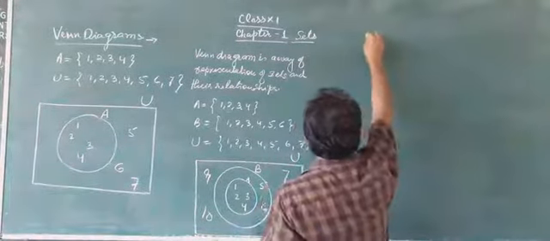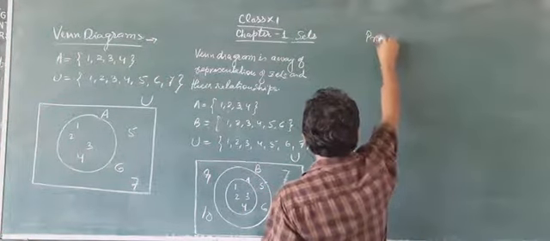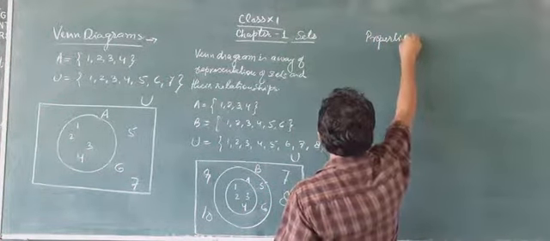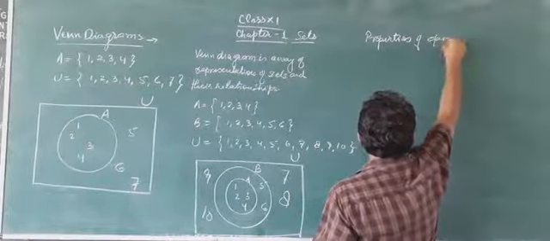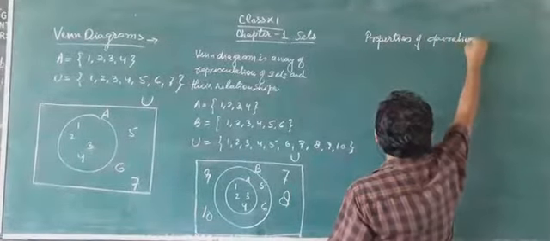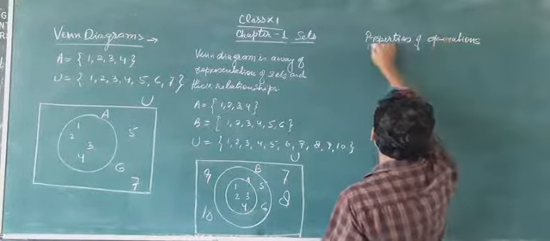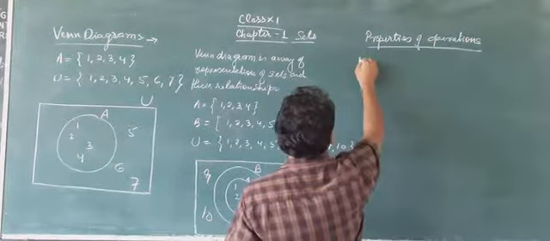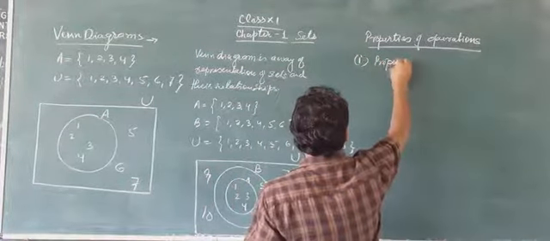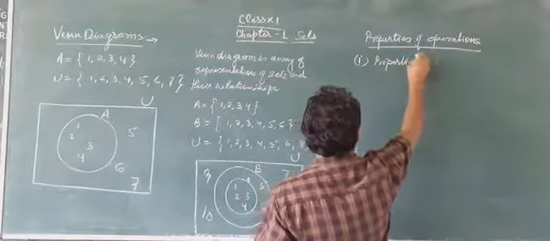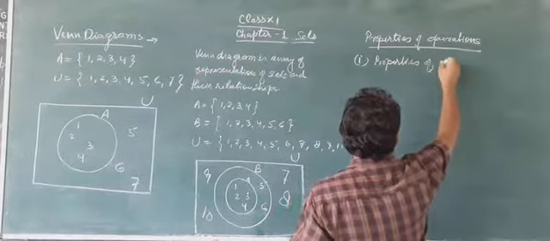Next one is properties of operations. So first one is properties of union.